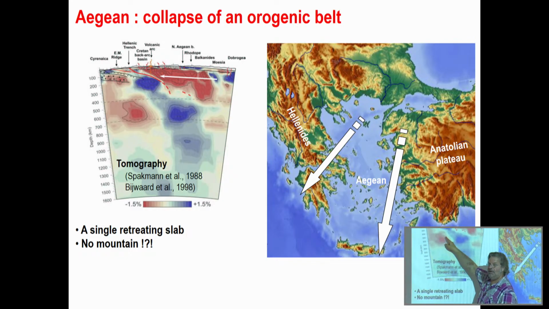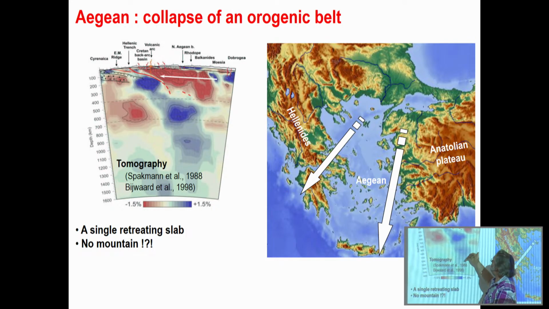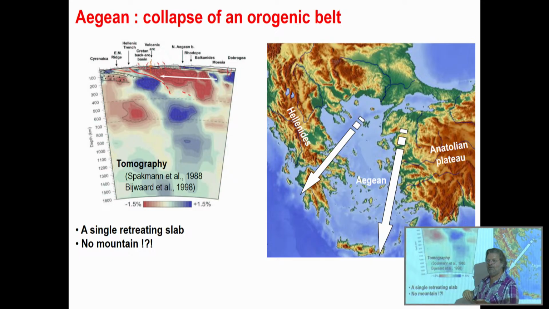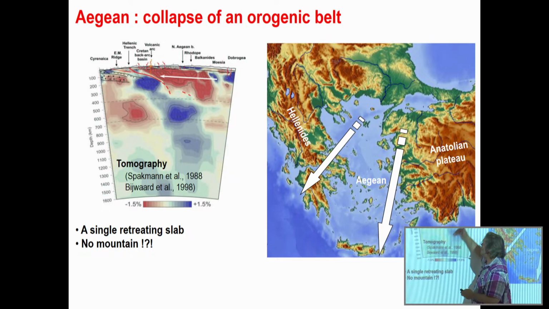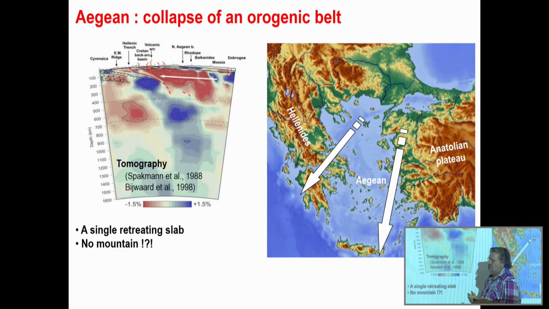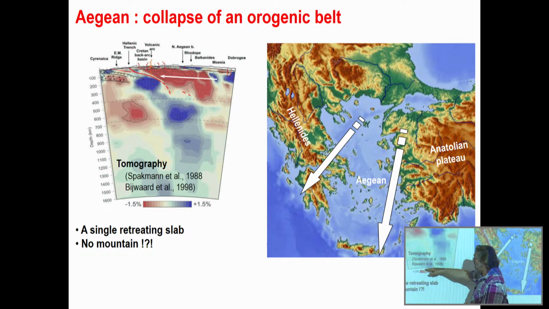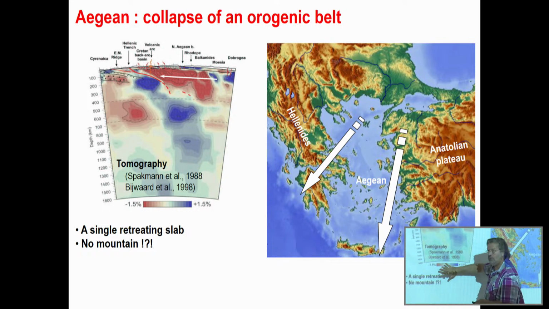But look at it here. Here it looks like it's getting overturned. I think we can discuss for the Himalaya, Tibet, the polarity of subduction, but here it's fairly well constrained. And that goes all the way to the core-mantle boundary. So it goes across the transition zones of the mantle.